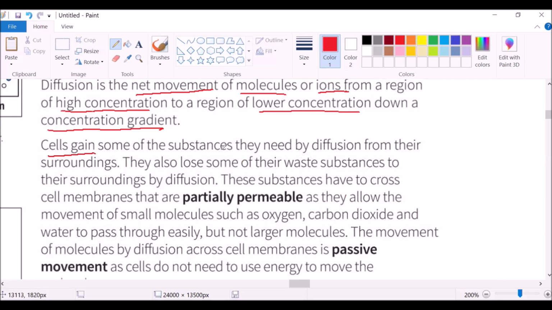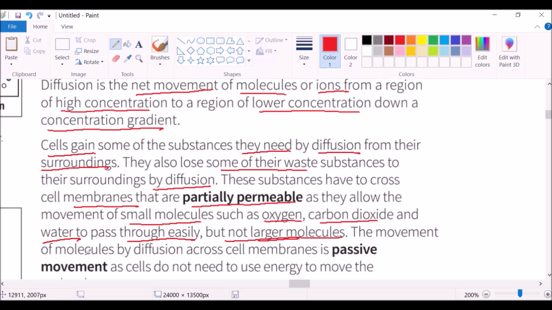Cells gain some of the substances they need by diffusion from their surroundings. They also lose some of their waste substances to their surroundings by diffusion. These substances have to cross cell membranes that are partially permeable, as they allow the movement of small molecules such as oxygen, carbon dioxide, and water to pass through easily, but not larger molecules.